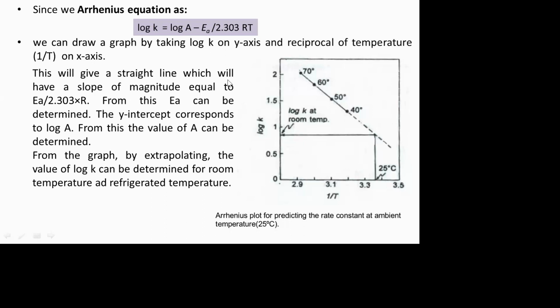This will give a straight line which will have the slope of magnitude equal to यति, त्यो लाइनको स्लोप भनेकै यति हुन्छ किनभने m भनेको यो भयो हैन. अनि यो लाइनको, from this Ea can be determined, activation energy पनि निकाल्न सकिन्छ हामीले यसबाट. यसबाट एक्सप्रेसन पनि निकाल्न सकिन्छ, the y intercept corresponds to log A, from this the value of A can also be determined, because यो log A भनेकै c intercept भनेकै log A हो हैन, जसबाट चाहिँ हामीले A भनेको एक्सपेरिमेन्टली डिटरमाइन्ड भ्यालु.